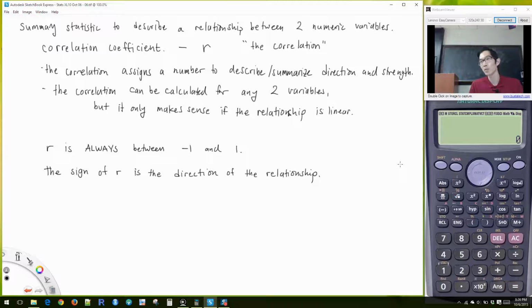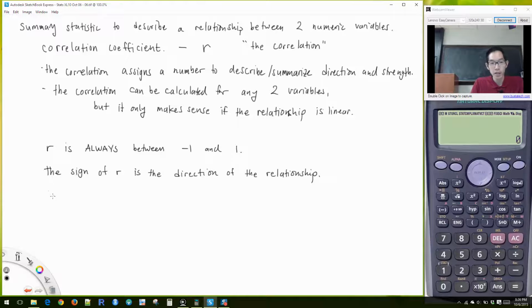Do you guys have an answer in mind? It means large X is associated with large Y, and small X goes with small Y. Okay? Negative relationship is just the opposite. Large X goes with small Y, small X goes with large Y. And so if R is positive, your relationship is positive. If R is negative, your relationship is negative.